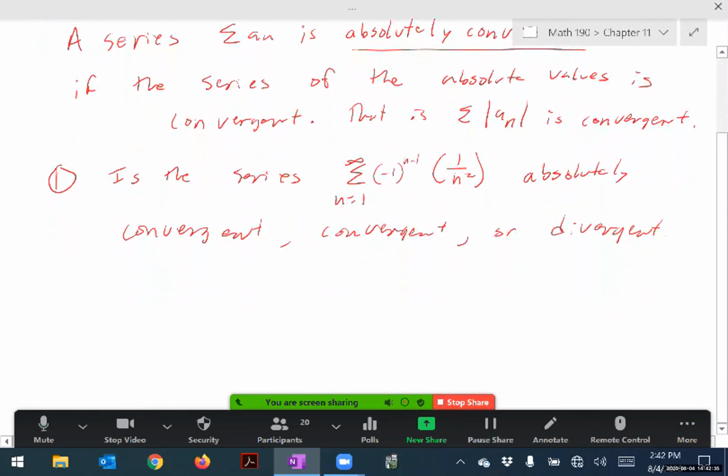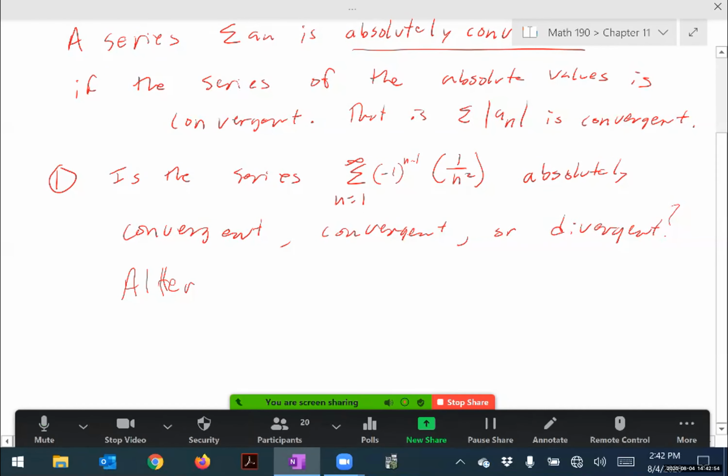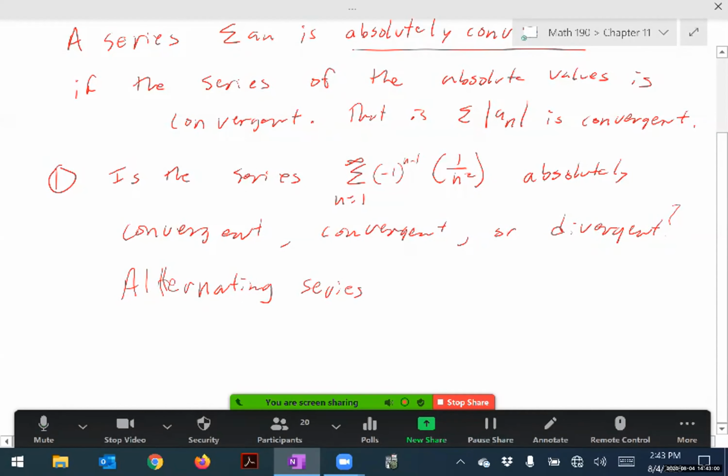Okay, so what do we know? We know that it's convergent. We could prove it by the alternating series test.